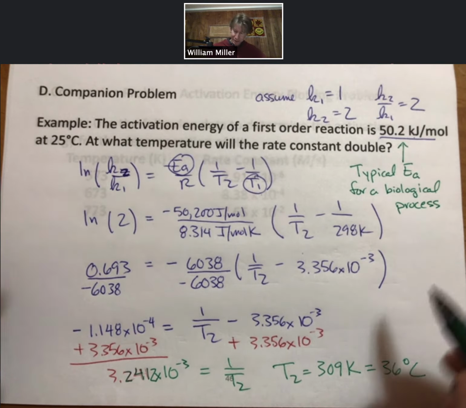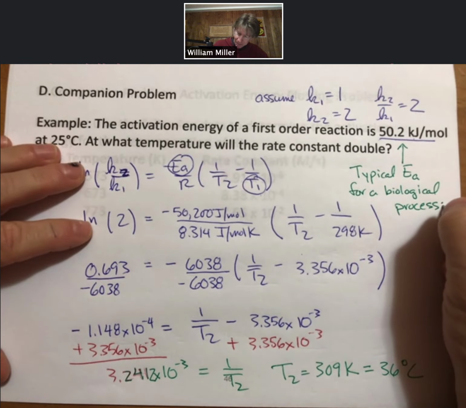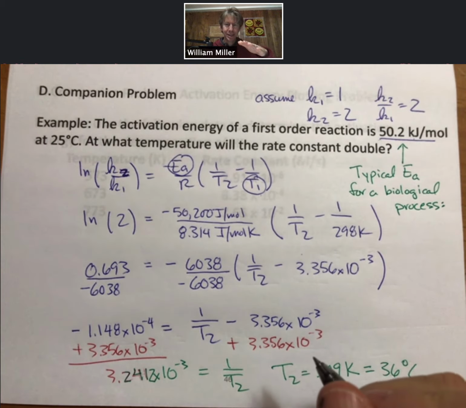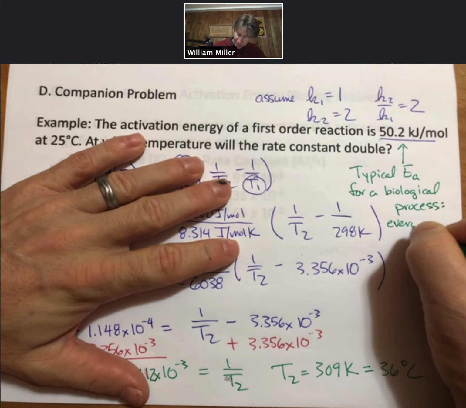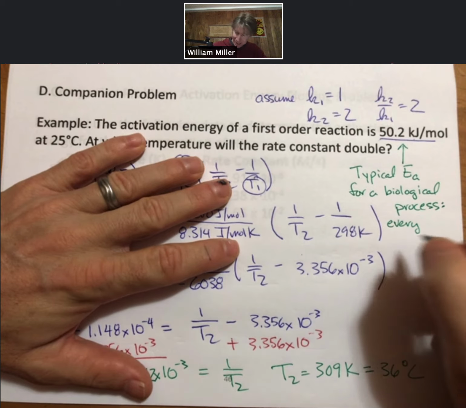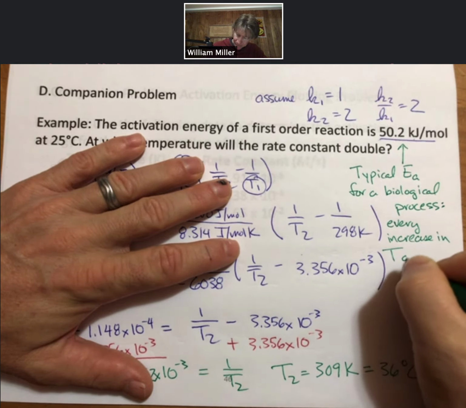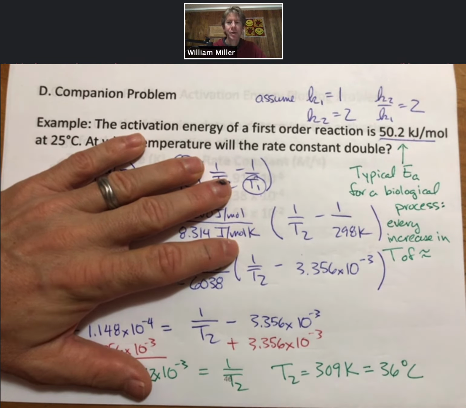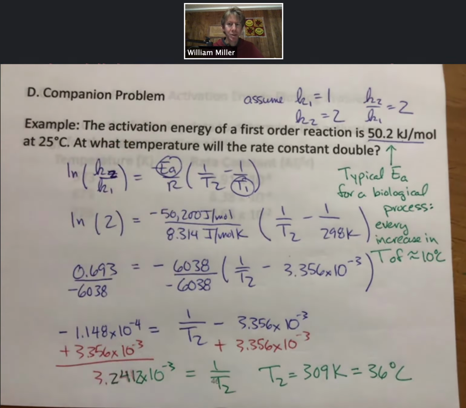And so let's see, from 25 to 36, so every approximately 10 degrees Celsius, every increase in temperature of approximately 10 degrees Celsius doubles the rate of reaction, doubles the rate of bacteria formation.